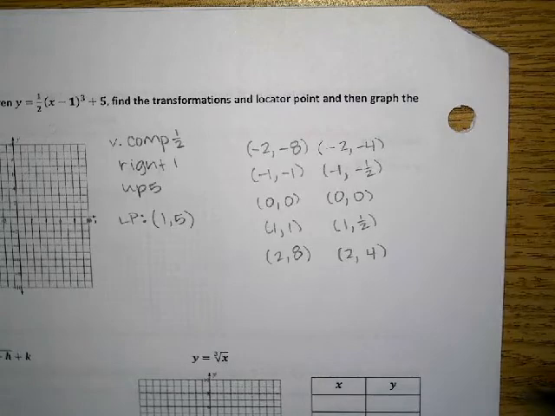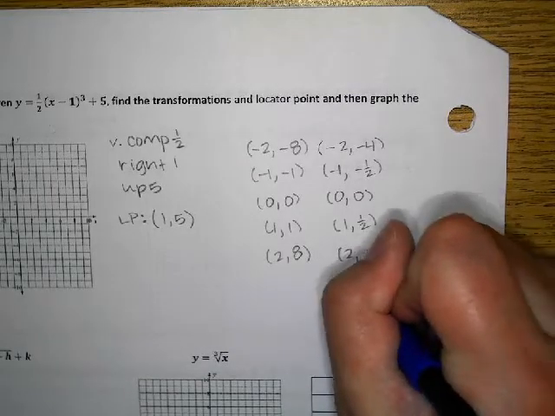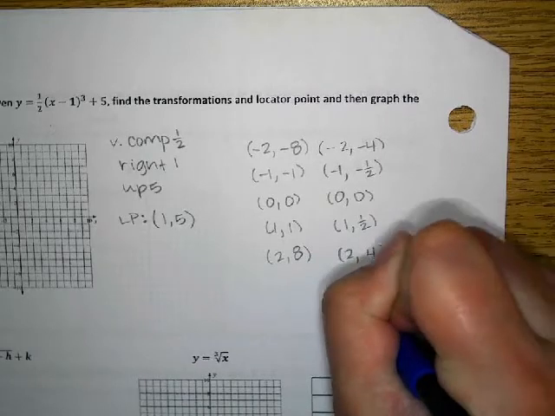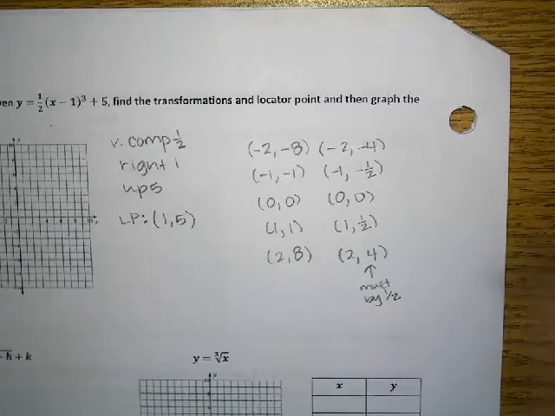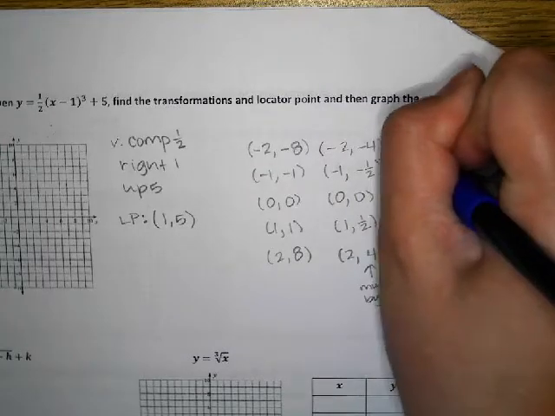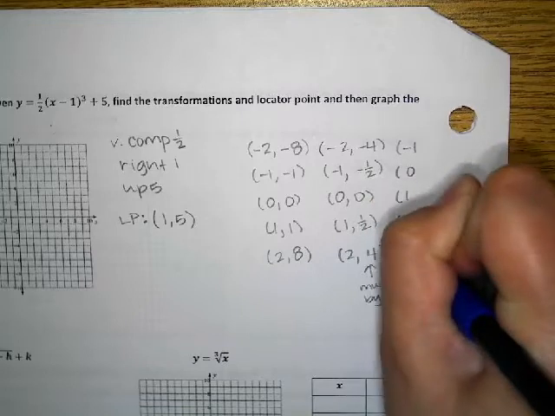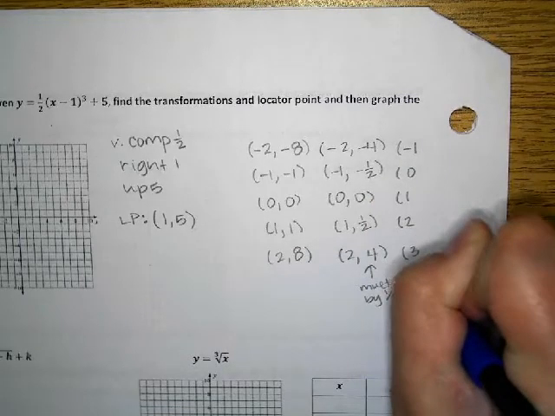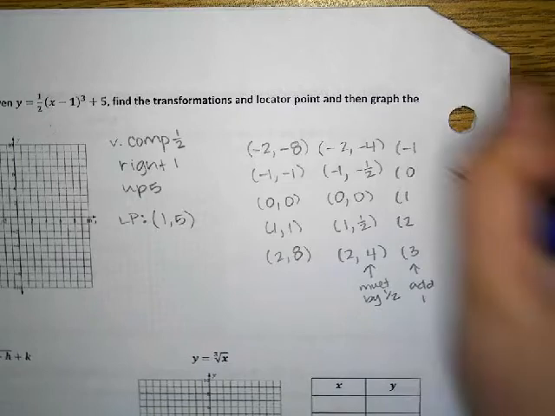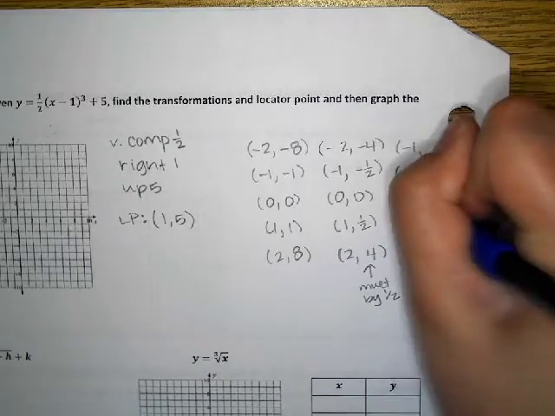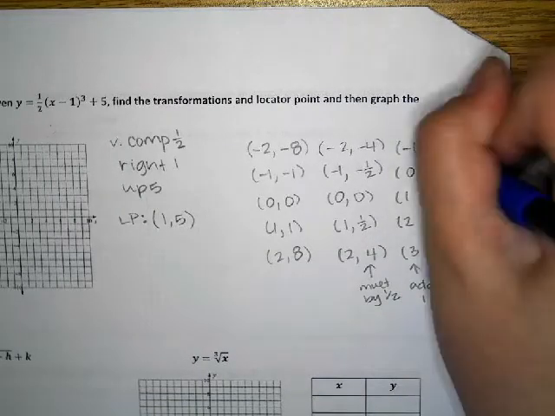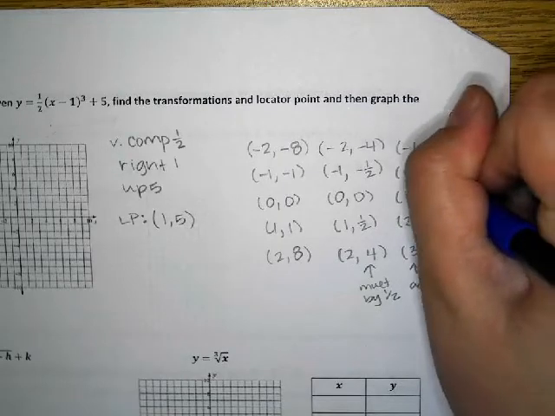And how do we go to the right 5? Wait, did I say right 5? I meant right 1. How do we go to the right 1? Add 1 to the x. Add 1, okay. And then how do we go up 5? Add 5 to the y.